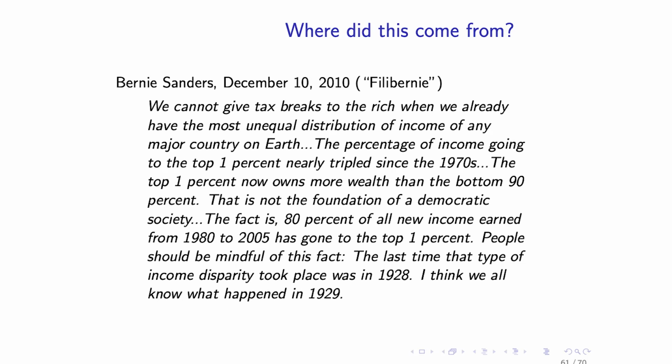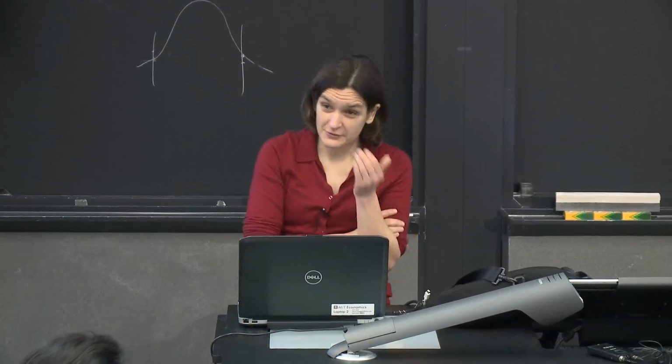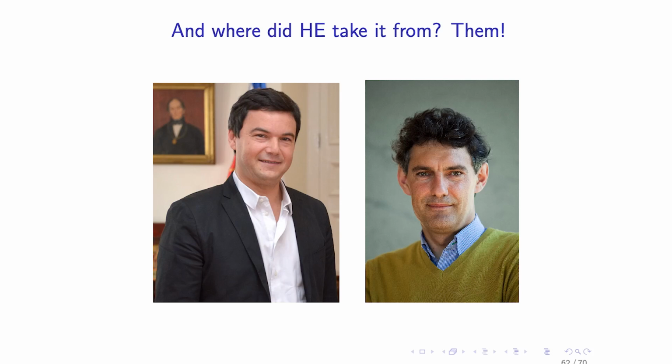You have to agree that compared to most political speeches, this is chock full of facts. Even better, if you wanted to fact check this, you could. They come back to these guys. These facts come verbatim from research that Thomas Piketty and Emmanuel Saez wrote some years before.